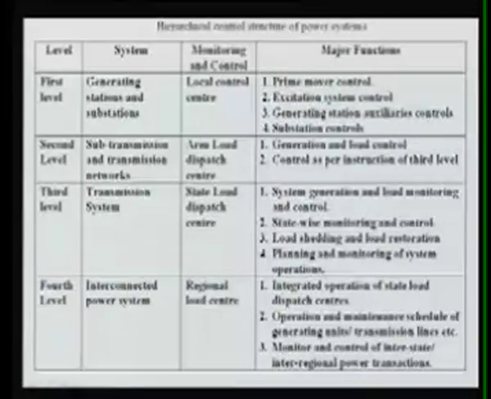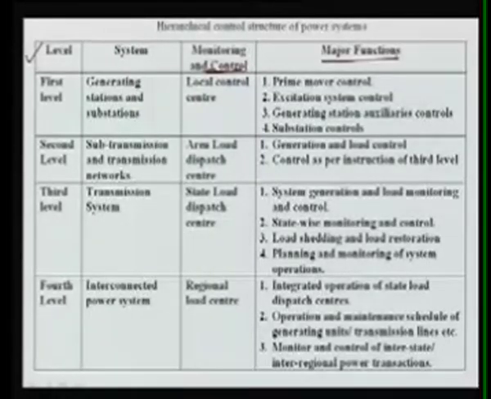So the various hierarchical control structure processes are adopted to provide a smooth and reliable power supply to the customers. Here you can see this table, where we have given the various levels, what systems are monitored and controlled, and the major functions of those levels.